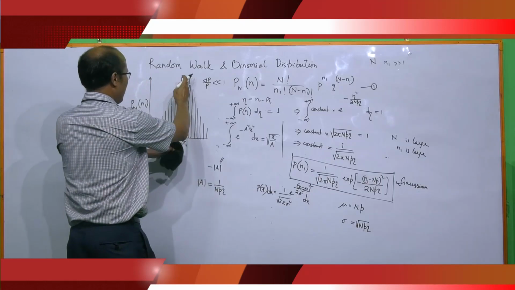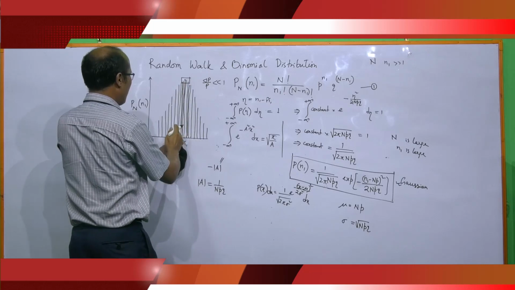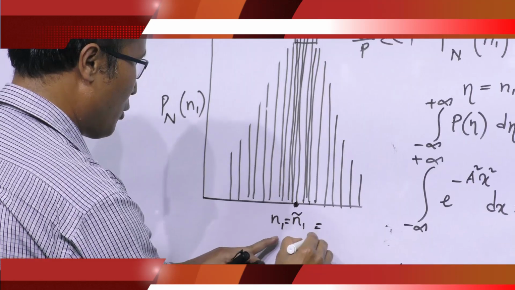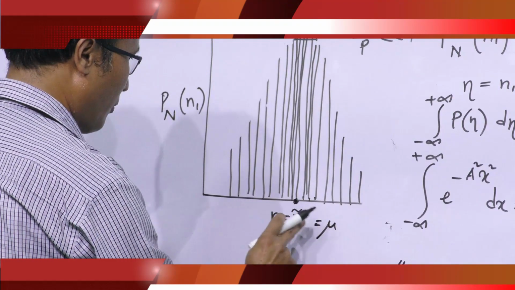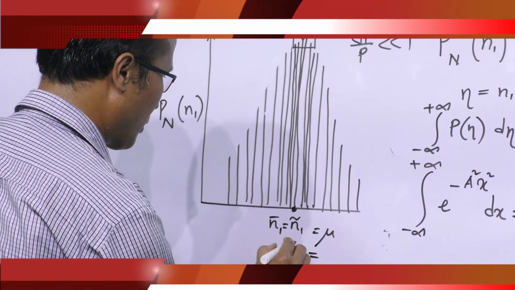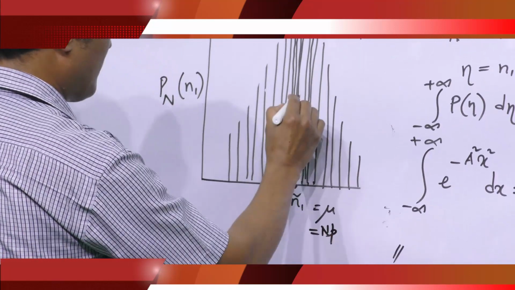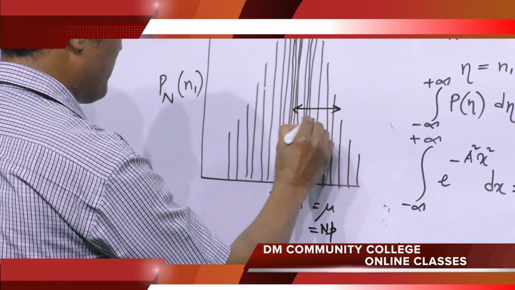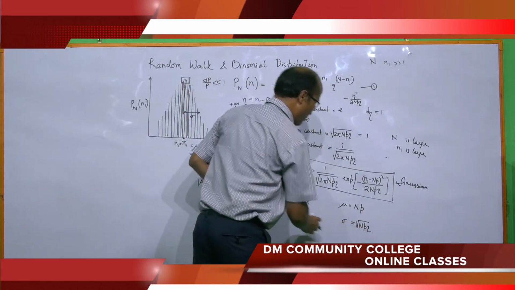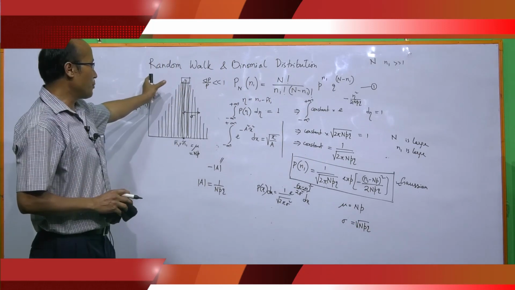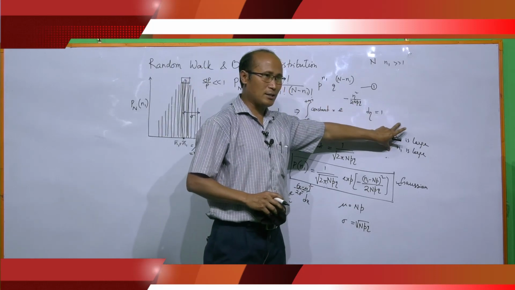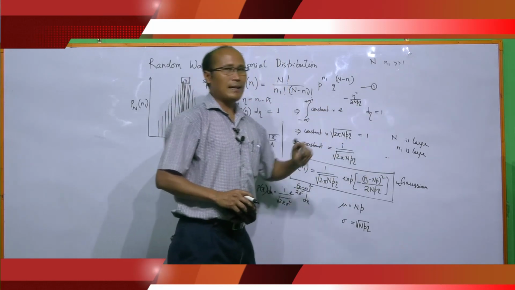So here in this diagram, this is our mean mu, equal to n1 bar, which is equal to np, and the standard deviation sigma is given by under root of npq. Thus the binomial distribution reduces to the Gaussian distribution when the total number of steps n is very large and n1 is also large.